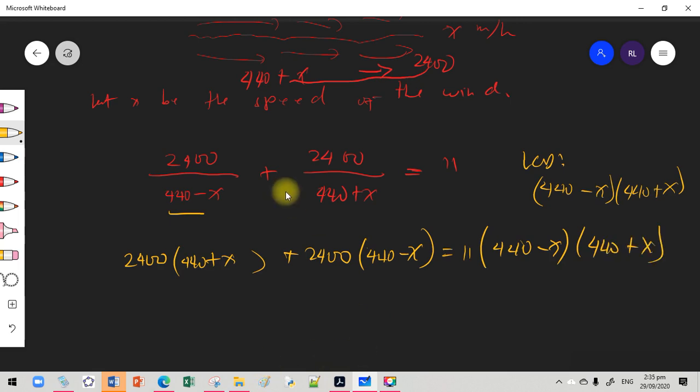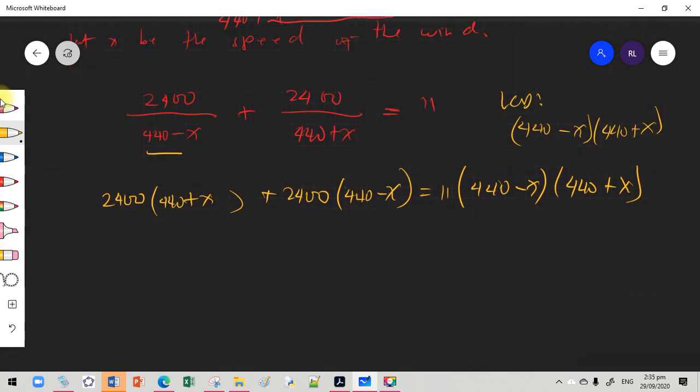It's a little bit complicated, so let's go and multiply. Multiply this number, 2,400. 24 times 44 is 1,056, and with the three zeros, we have 1,056,000.